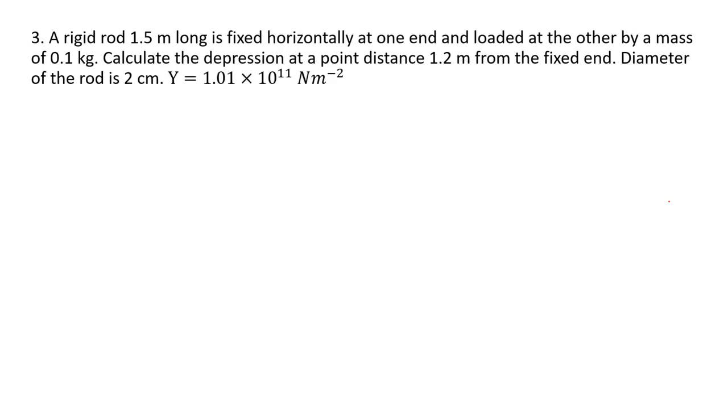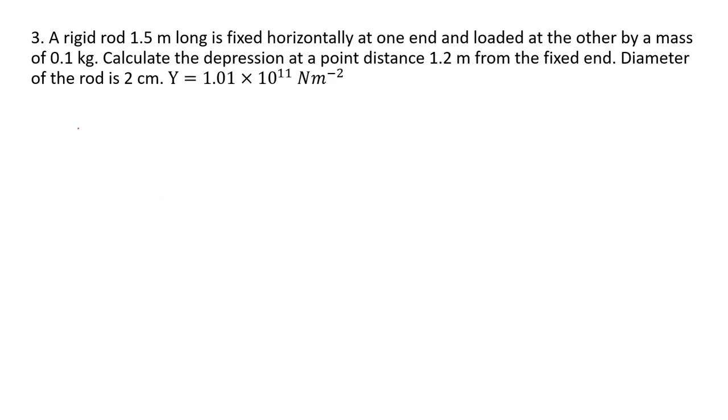So now we are dealing with a circular rod. Similar to the case of the cantilever, but we have a different equation. We have a circular rod 1.5 meter long, clamped at one end and loaded at the other end. The weight is given, and we are asked to calculate the depression at a point 1.2 meter from the fixed end.